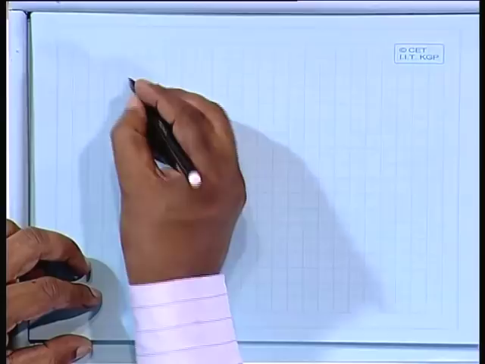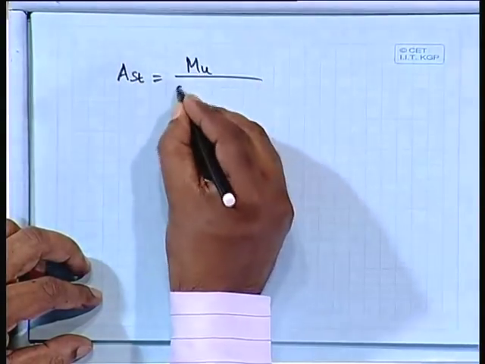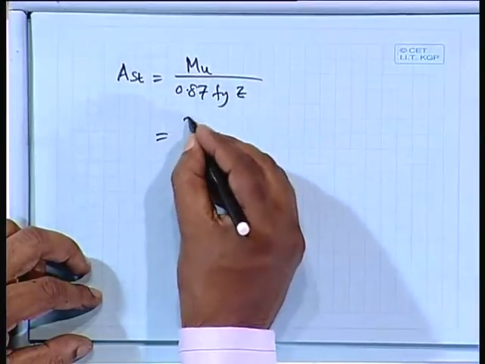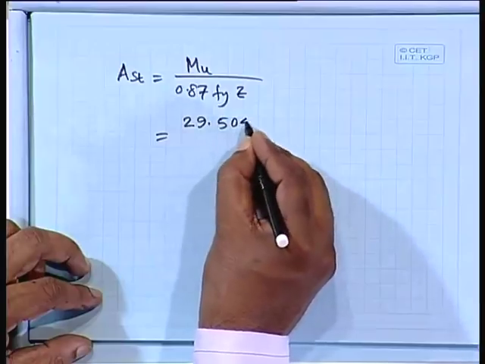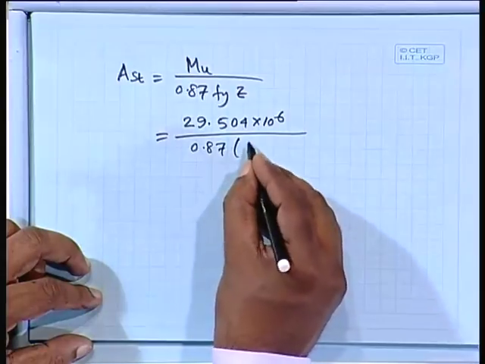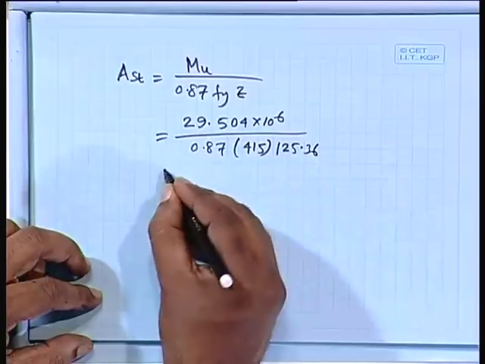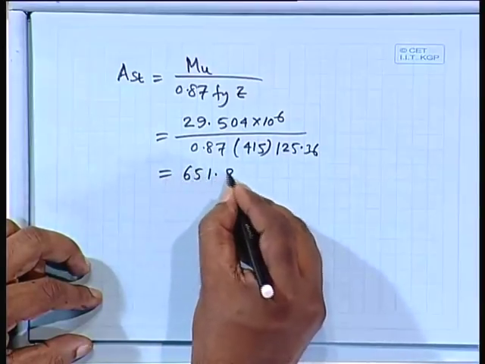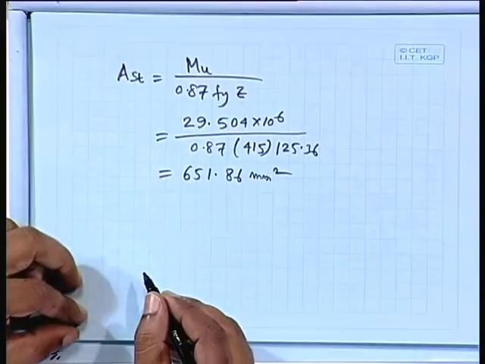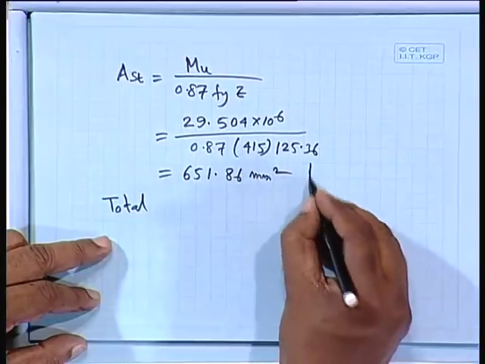So what about the area of steel then? Area of steel will be equal to Mu by 0.87 fy times z, which comes as 29.504 into 10 to the power 6 divided by 0.87 times 415 times 125.36 equals 651.86 millimeter square. This is per meter width. So what about the total steel?